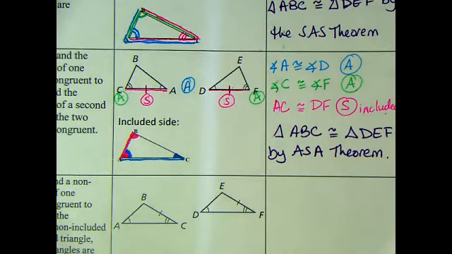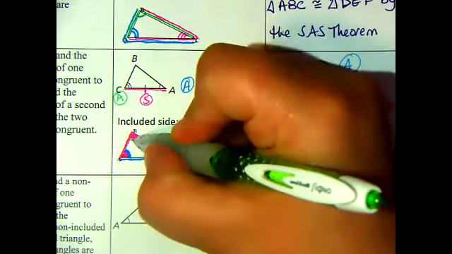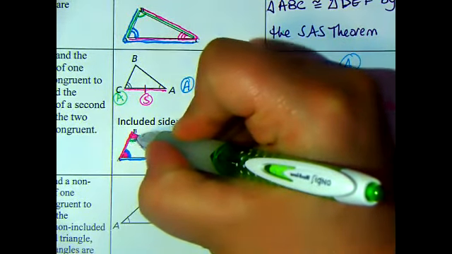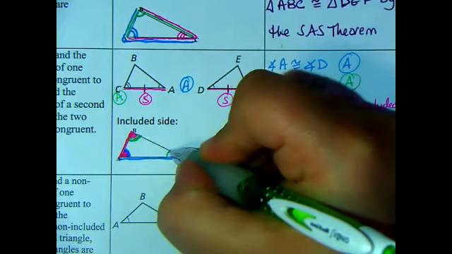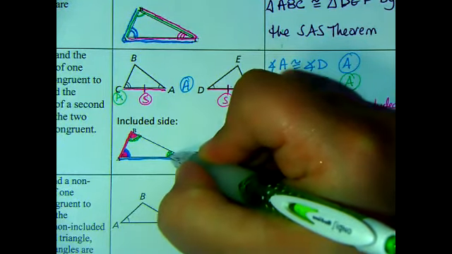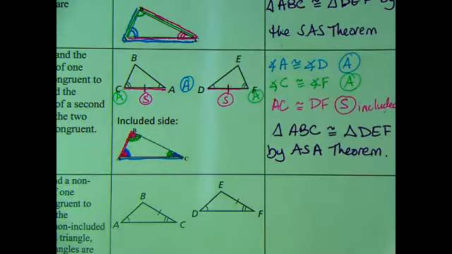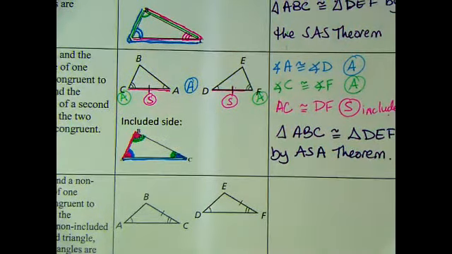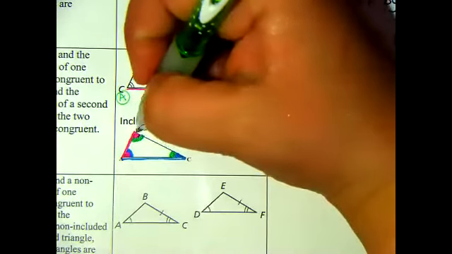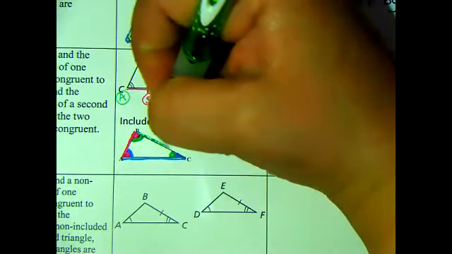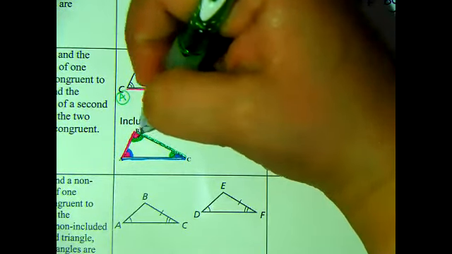Suppose that the two angles that we were using were angle B and angle C. Suppose it was angle B and angle C. That means the side that would be included here would be side BC.